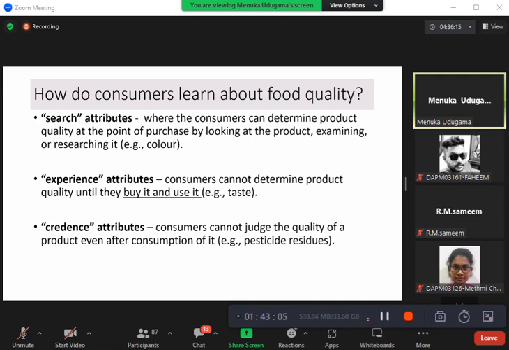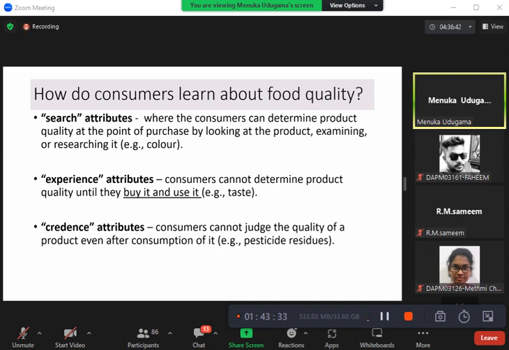If you have been buying the same brand for some time, you know the quality of it. But if the taste is different, if you feel that it's spoiled, then there's a problem with the quality. So those are called experience attributes. You have to consume to determine the quality. The third one is the most crucial one, credence attributes. Consumers cannot judge the quality even by consumption.